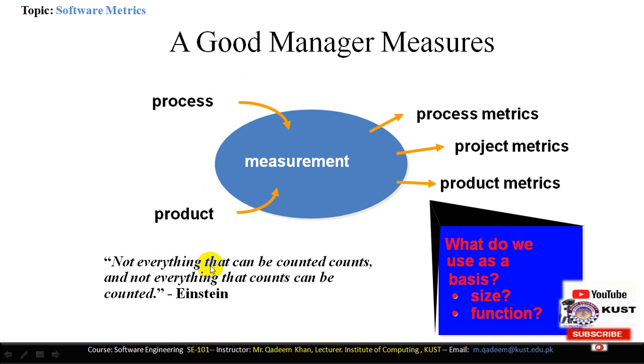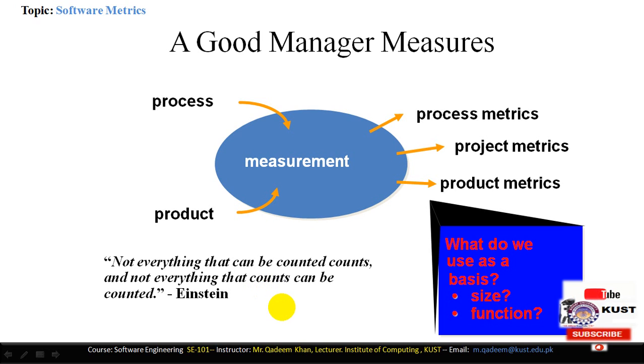Not everything that can be counted counts, and not everything that counts can be counted. This is the Einstein statement about metrics, that it is not possible that what we are counting counts, and what we are not counting does not count. So in fact everything is important. Einstein says that measurement is very important for us.